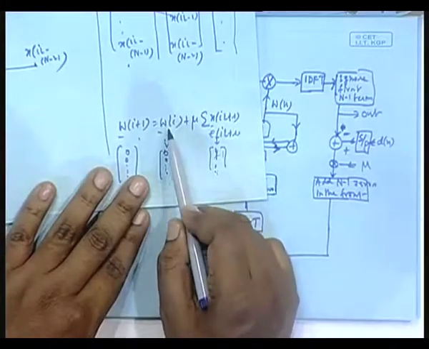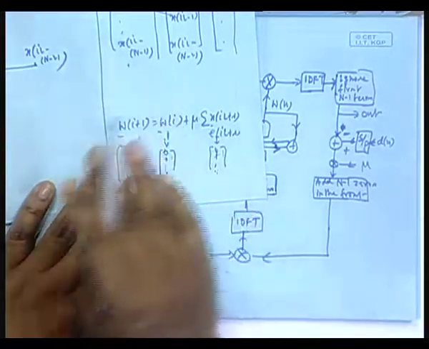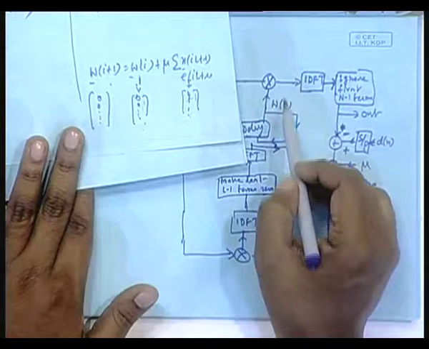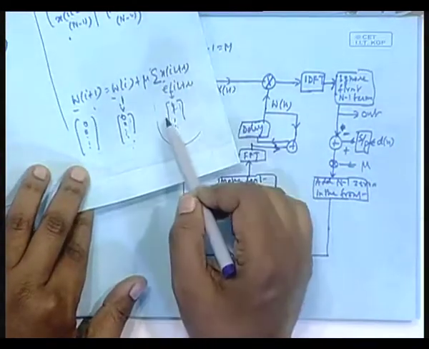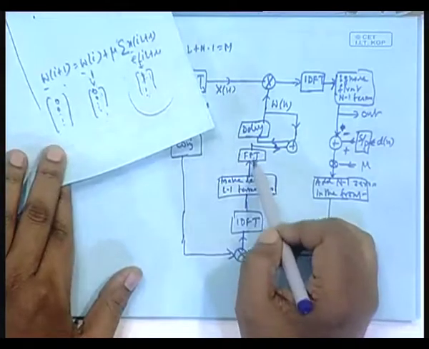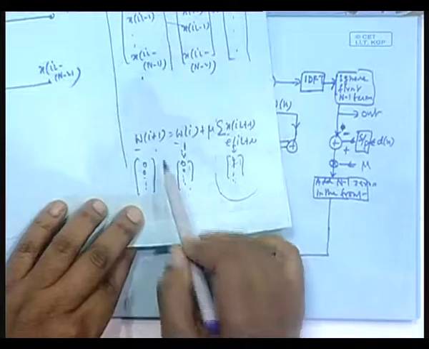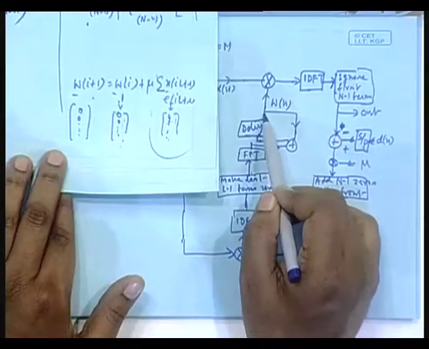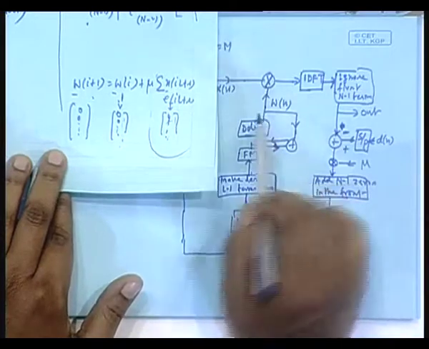So, FFT of this for the ith block is the current one used for the filtering part, plus this update term, the DFT of this entire stuff that has come from here. They are added and held back for future use. After a block delay only it will appear here. Okay, this is the first algorithm.